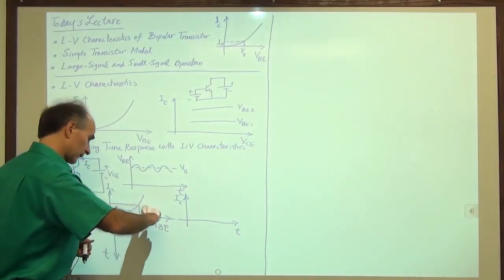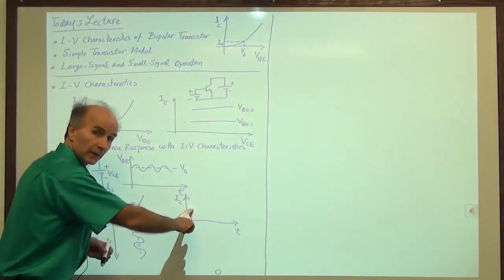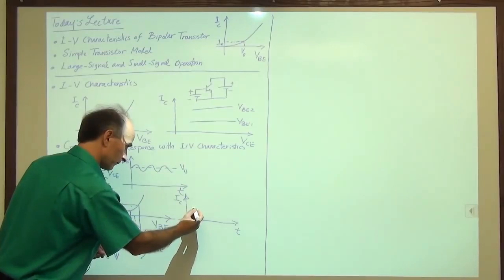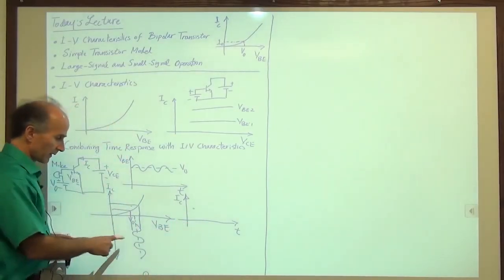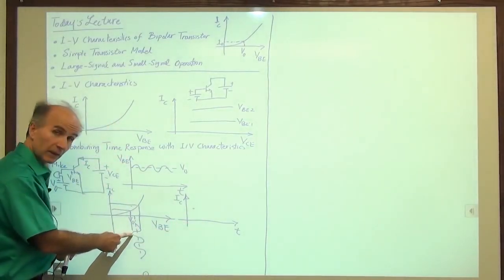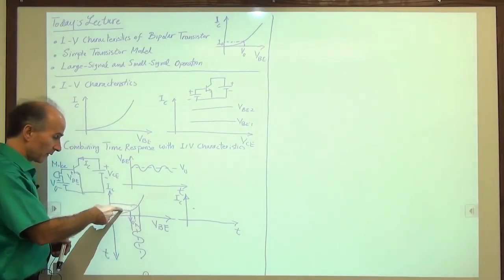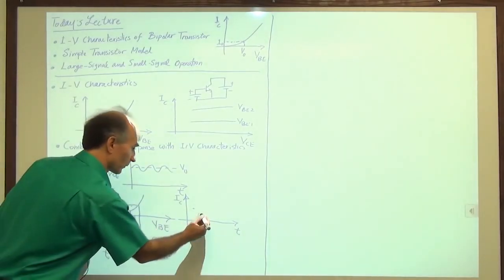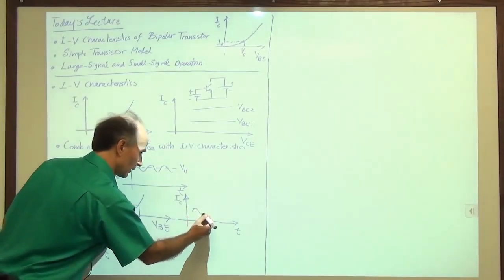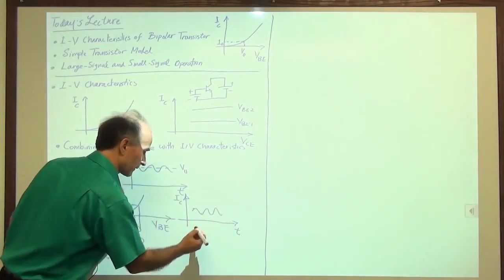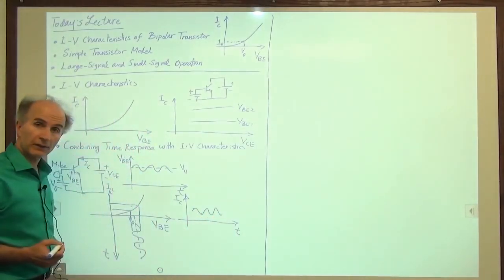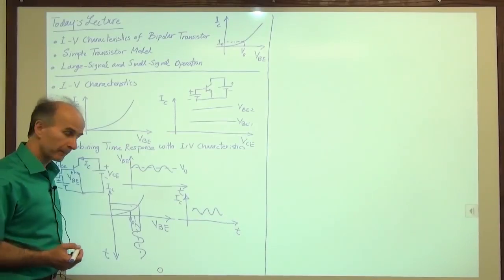So I will take this current and plot it here, one point. Then I say, for example, this point on VBE maps to this current. So that would be another one. And so on, and then we connect all of them, and that's our collector current as a function of time.